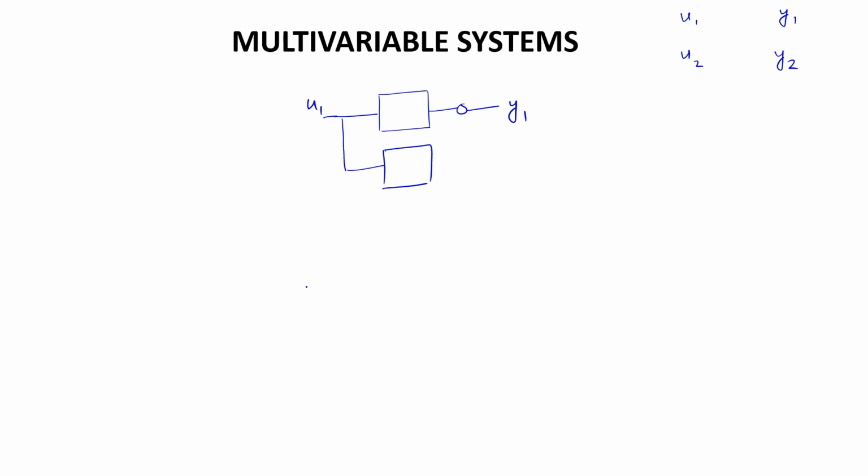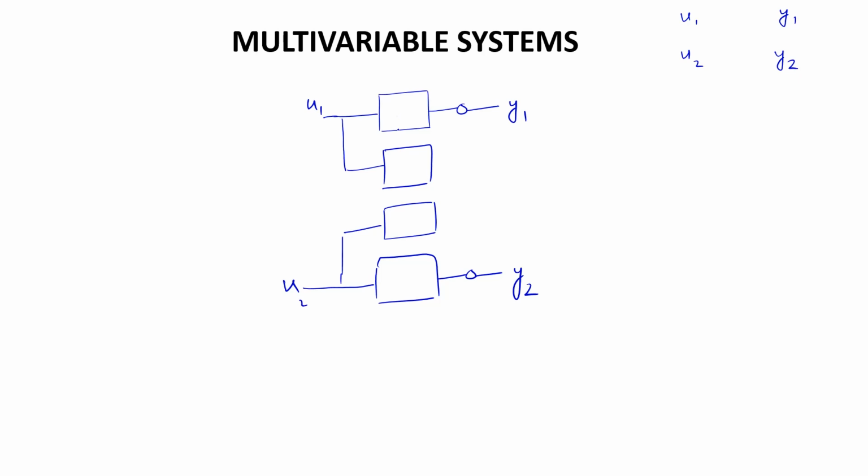U2 affects Y2, but then it also has an effect on Y1. So thus when you change U1, both Y1 and Y2 change, and when you change U2, both Y1 and Y2 change.